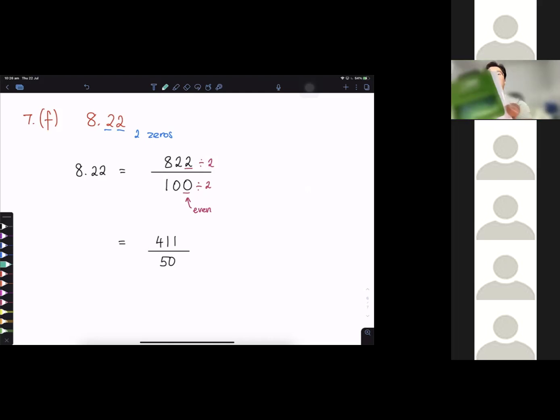I don't know if you guys can see my screen there, but it says 8.22 equals 411 over 50. So it can't be simplified any further, because if it could, the calculator would have automatically done it for us. So this here is our simplest form.